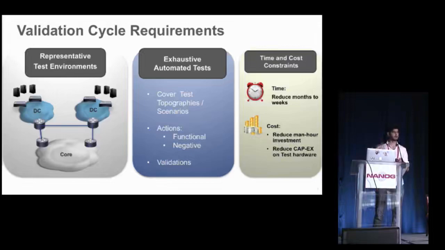Combine that with a bunch of different actions which are pretty much independent of the topology itself and may be executed directly on a host basis, and those could involve functional or negative tests. And follow that up with validations at every stage so that you effectively are testing all of the possible actions on all of the possible topographies and then potentially cover what you need to do before deployment.